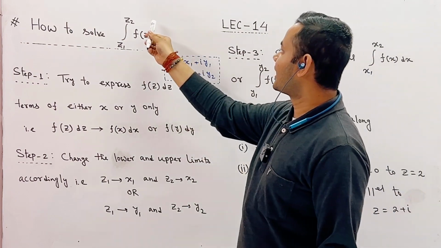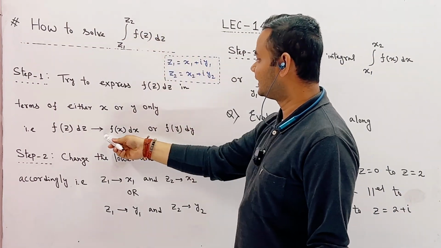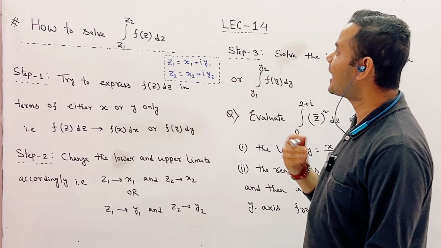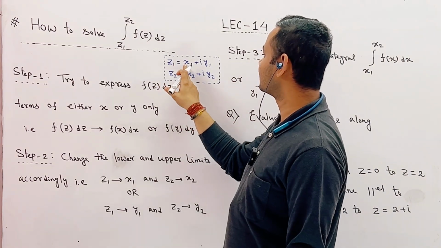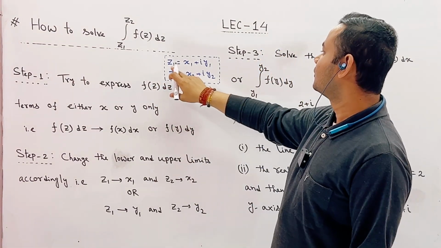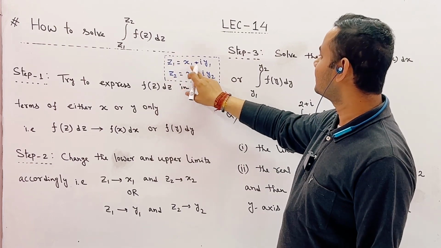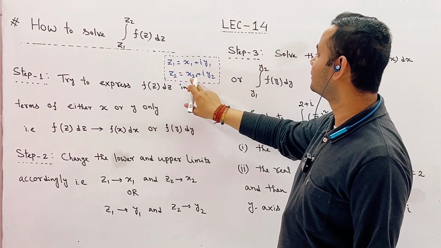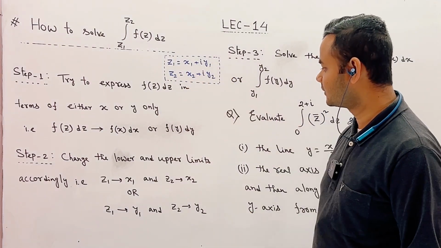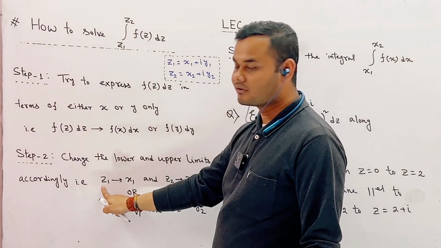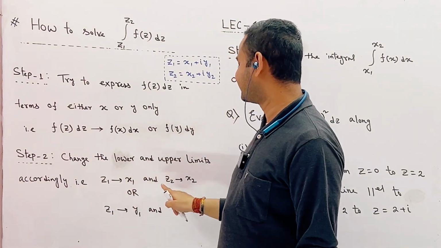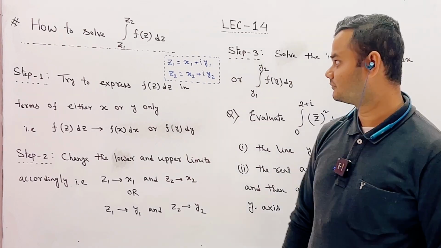If we had written f of z dz in terms of x only, then we have to change the limits from x1 to x2, because we know z1 equal to x1 plus iota y1 and z2 equal to x2 plus iota y2. So in this case, z1 has to be replaced by x1 and z2 has to be replaced by x2.